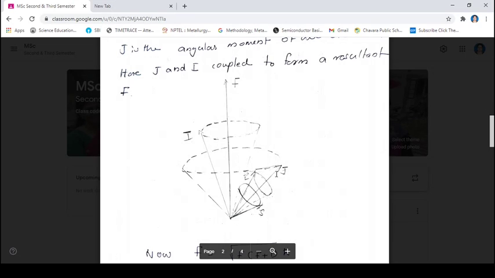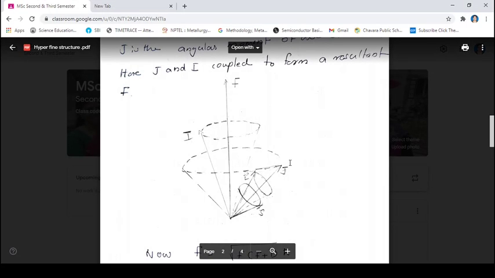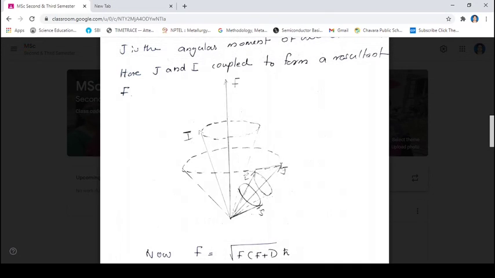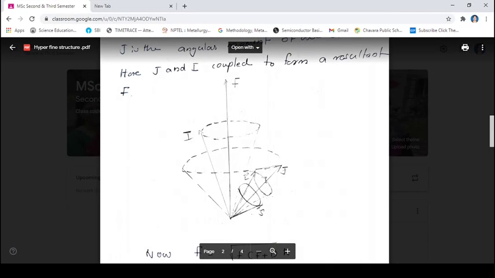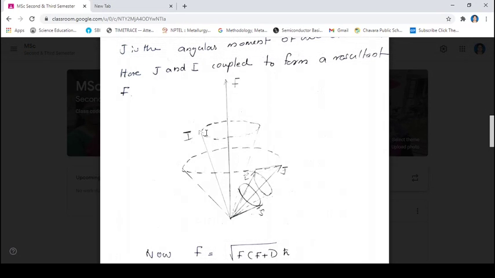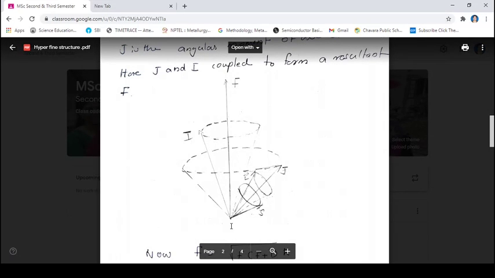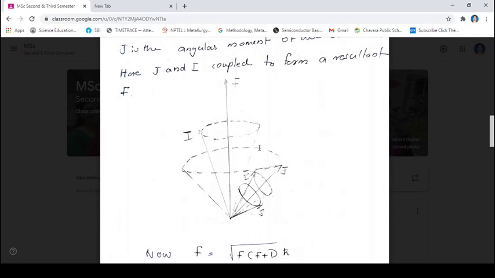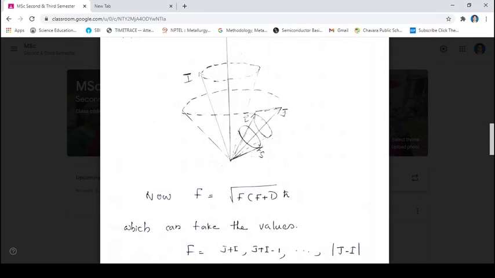If you complete the parallelogram, the diagonal gives you the direction of J. Now the J vector precesses like this, and this is the direction of I, and they give the resultant F. I and J are coupled to give F. This is what is represented in the figure.